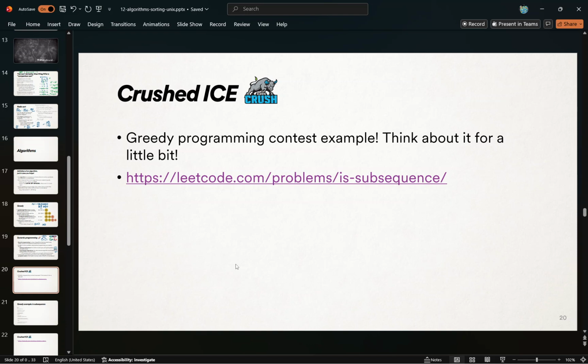This may be your life one day if you want to be a software engineer. You're going to go to an interview, get a problem like this, solve it, and then analyze it. You're asked to analyze the running time and space complexity. Good practice.